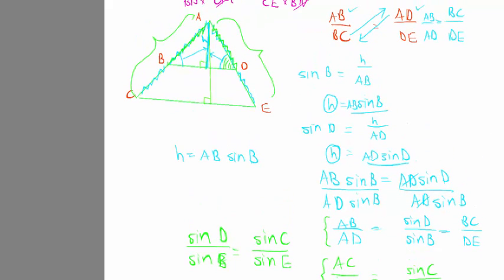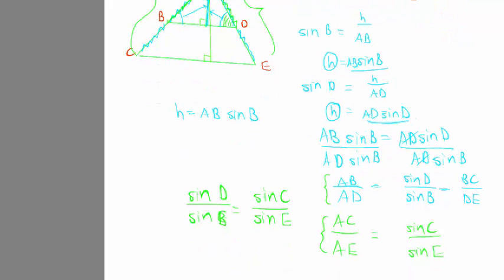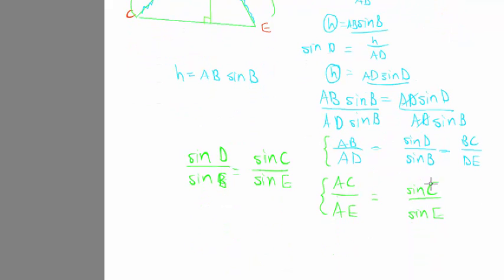Sine AC, sorry, it's this way around. Okay, that way around. So this one is E and C. Sorry, I've now skipped a few lines.